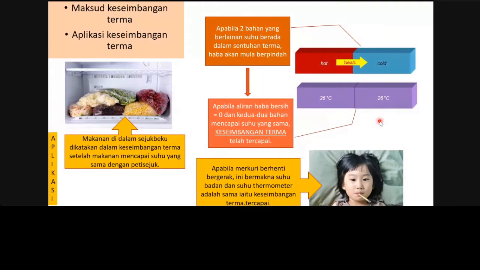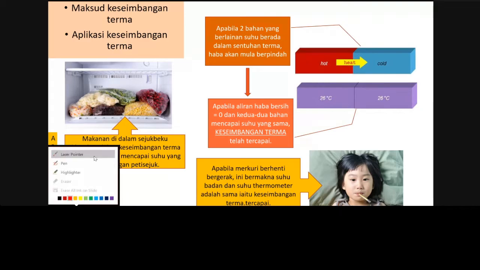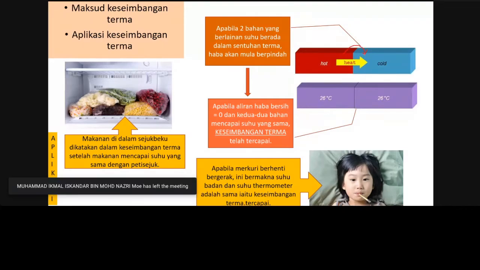Macam tu. So people always confuse aliran haba bersih iaitu net flow of heat 0. Maksudnya dia still ada pergerakan haba, haba is still moving. It's just that daripada hot to cold lagi banyak compared to cold to hot.